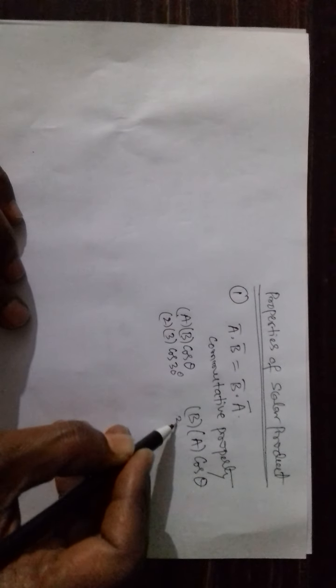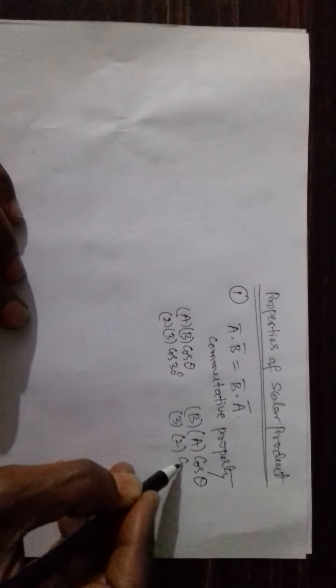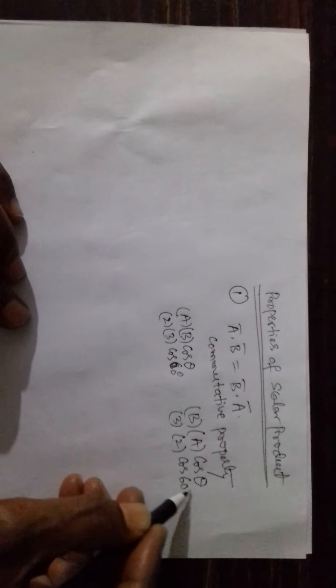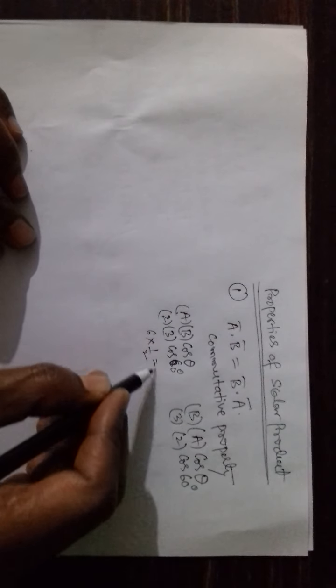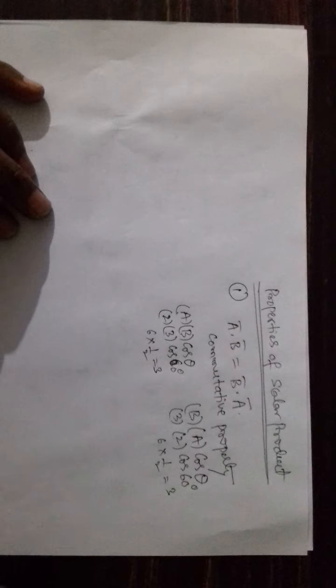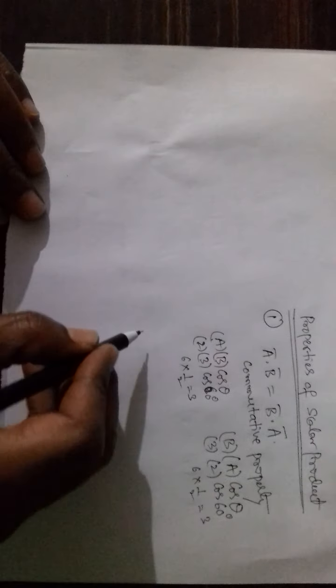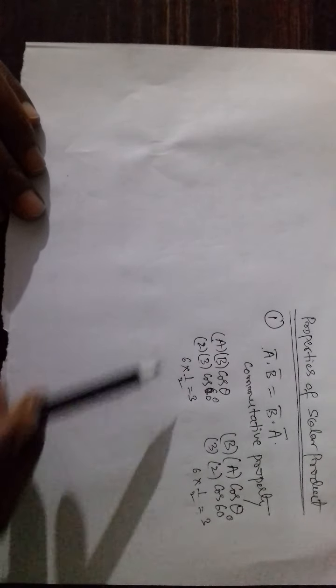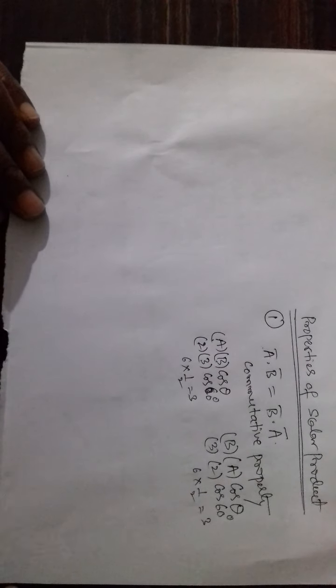Here B is a number, A is a number, cos 60 degrees. 2 into 3 is 6, into cos 60 means 1 by 2. 3. 6 into 1 by 2 is 3. Both are the same. Right. So this is possible because the scalar dot product gives a scalar. Therefore A dot B can be equal to B dot A.